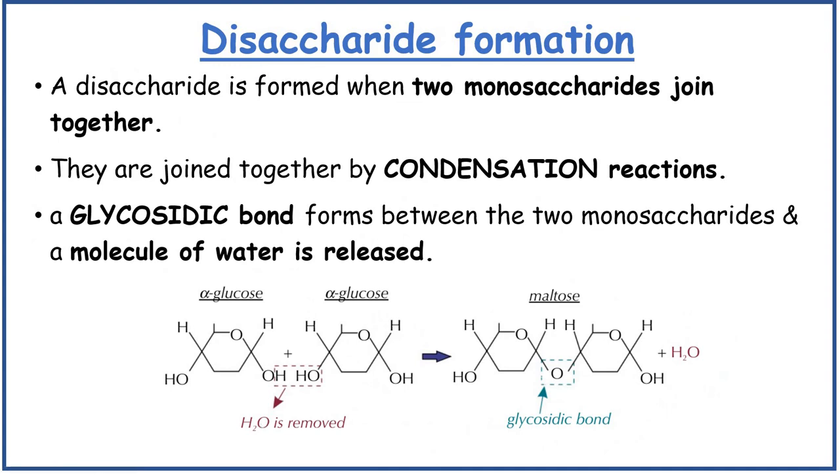And then to form a disaccharide, you have to join 2 monosaccharides together, and they're joined via a condensation reaction. What you get is a glycosidic bond formed between the 2 monosaccharides, and a molecule of water is released. So you take H2O away and you get a glycosidic bond formed. When you join alpha glucose to alpha glucose, you get maltose.